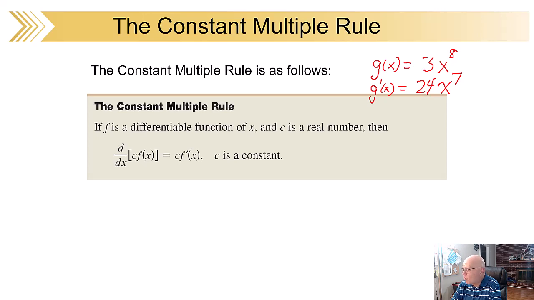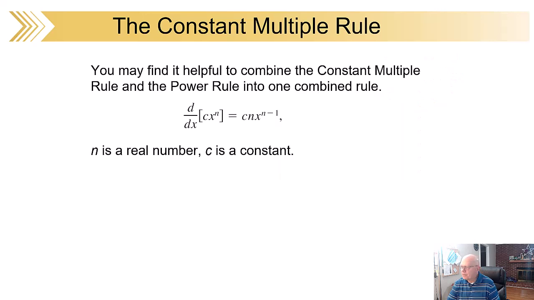Before, it was just a 1. Reduce this exponent by 1, and there's your derivative. This is the power rule and the constant multiple rule all rolled up into one, like the example I showed you a little bit ago. Let's look at another one.